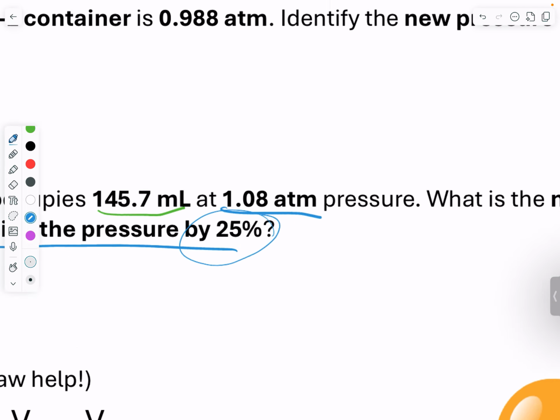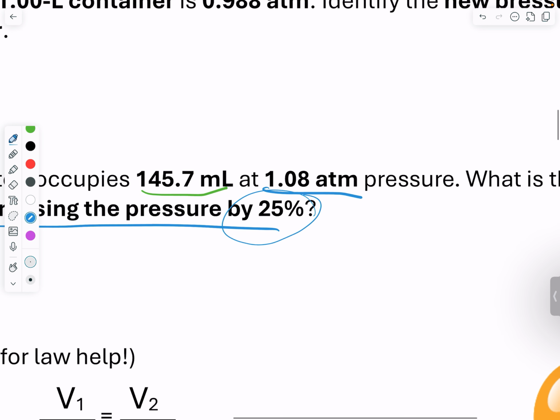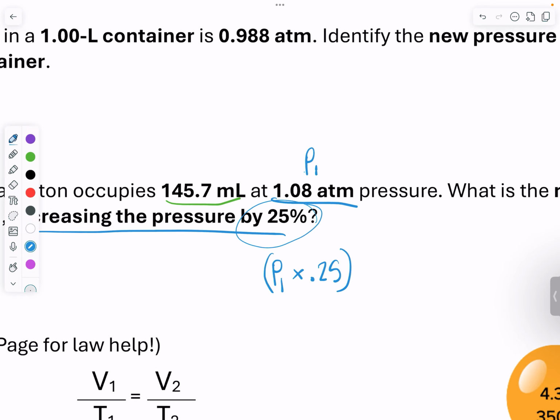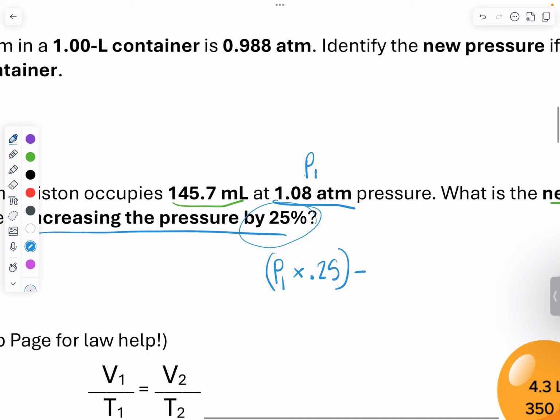So let me look at it this way, right? If you have pressure, let's say this is my P1. Well, if I multiply it by 0.25, that's going to equal 25%. And because it's increasing, we're going to add it.